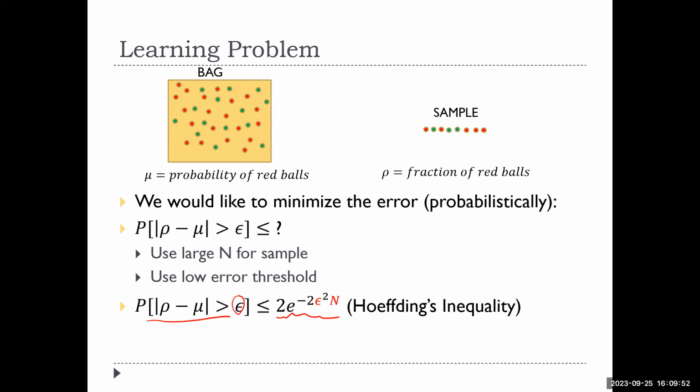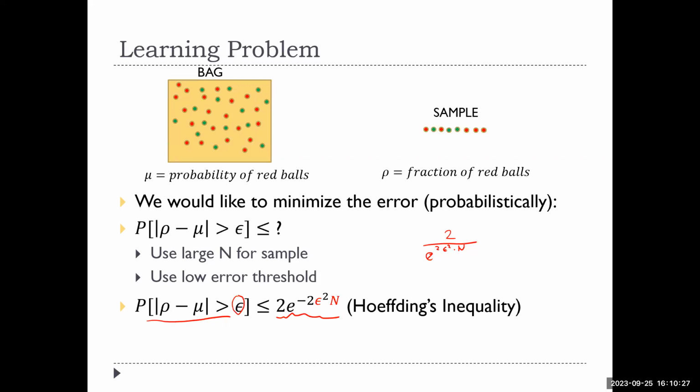Let's look at this and write it in an open way. It is 2 times e to the power of minus 2 epsilon squared times n. You know that epsilon typically will be a number between 0 and 1, and n is a number greater than or equal to 1.